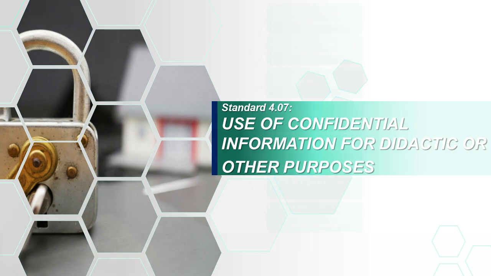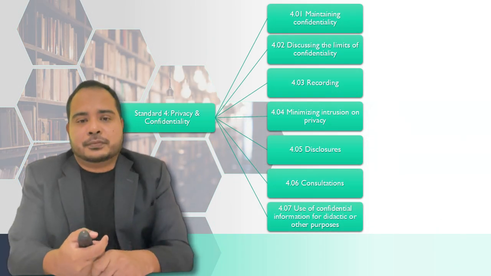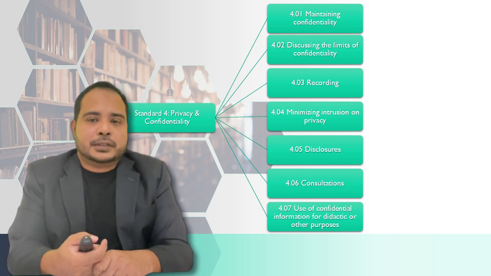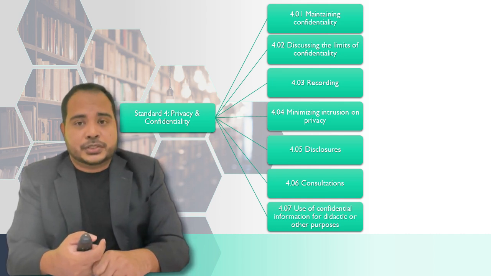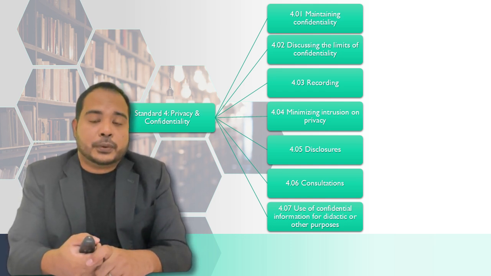Okay, with that, we have come to the conclusion of this lecture on Standard 4, Privacy and Confidentiality. Throughout these multiple parts of videos, we have covered the 7 substandards under privacy and confidentiality. In the first part, we discussed maintaining confidentiality, 4.01.